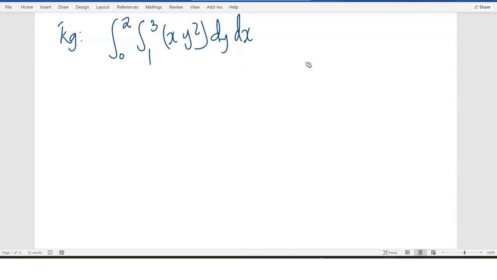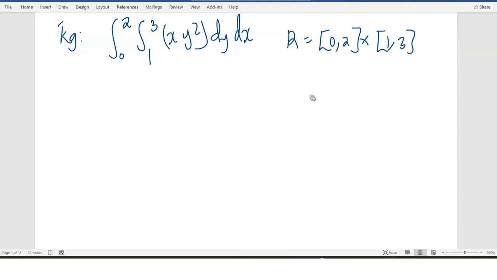And this is telling you that we are integrating in the region of the values of x, 0 to 2, and the values of y, 1 to 3. That's what we're talking about.